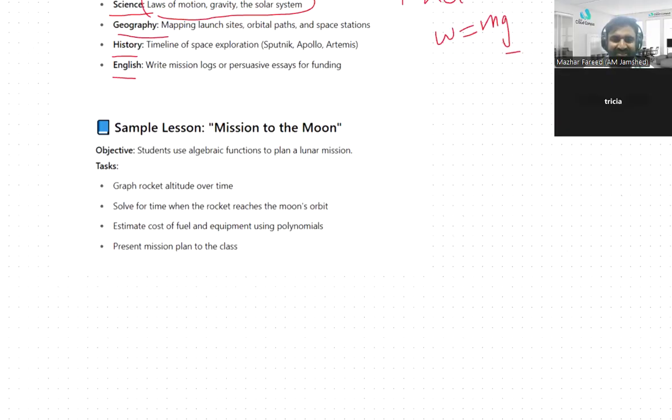You can say this will be the topic and the objective for any student. So this is the algebraic function to arrange the lunar mission.